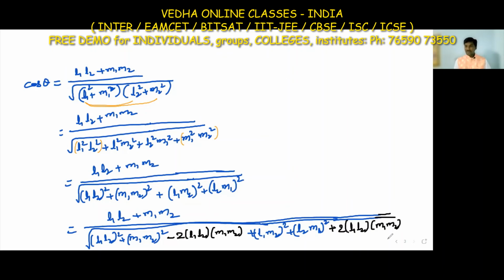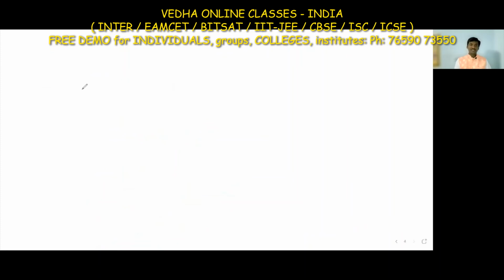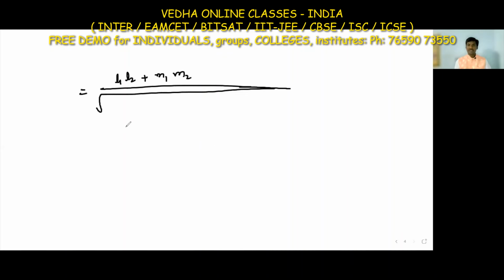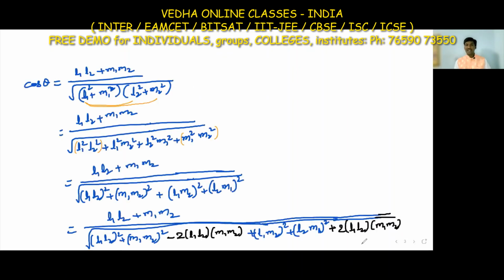Now I am writing the same thing here. So this is equal to L1 into L2 plus M1 into M2 divided by under root of, L1 L2 plus M1 M2 whole square we can write as A square plus B square minus 2AB, which is A minus B whole square, meaning L1 L2 minus M1 M2 whole square.